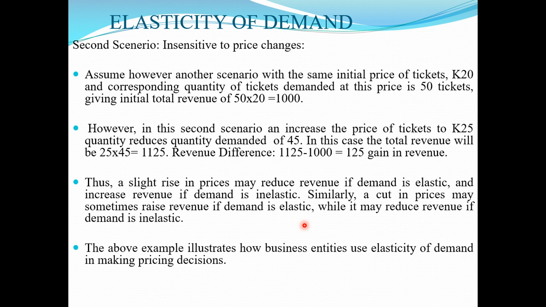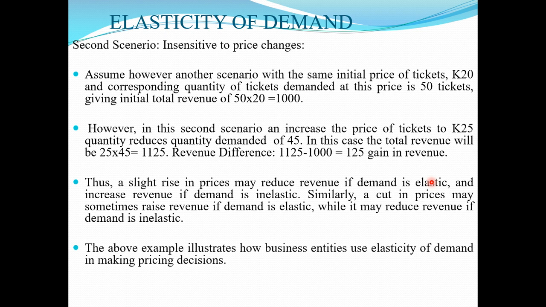So what we are saying is that given a situation where demand is elastic, because the response of consumers is more than the increase, for instance, in the price, a slight rise in the prices may reduce revenue if demand is elastic.